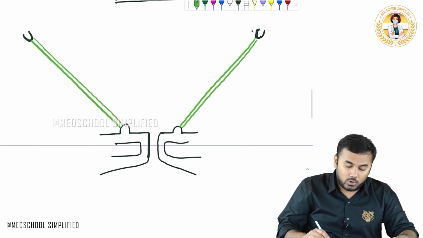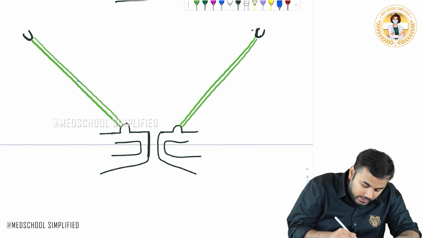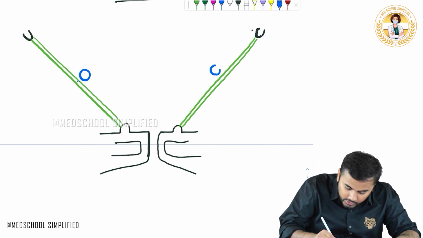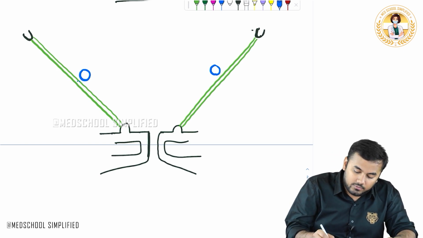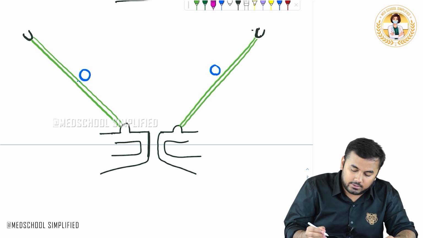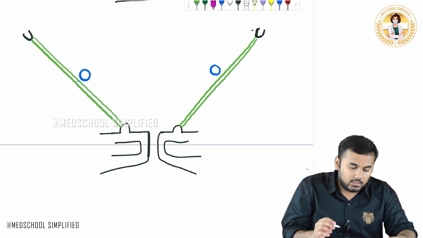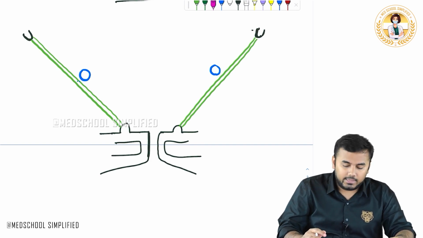Now what did I tell you? I told you just above the midpoint here you have got a deep inguinal ring. Here also just above the midpoint you have got a deep inguinal ring, okay. Now the first muscle which we shall be discussing is the internal oblique muscle, okay.